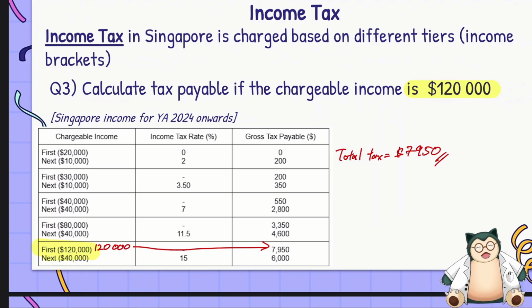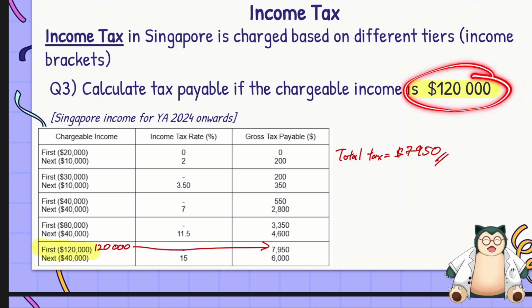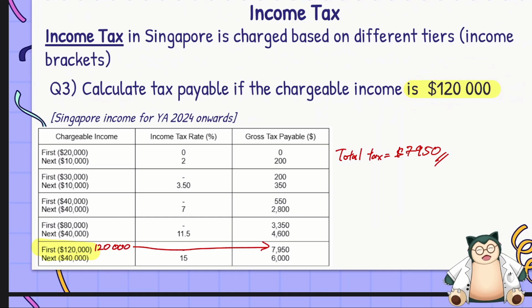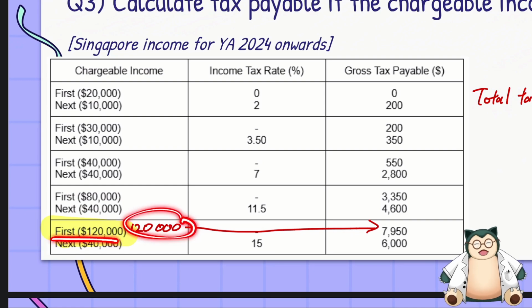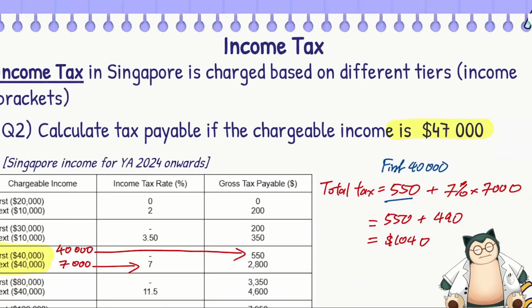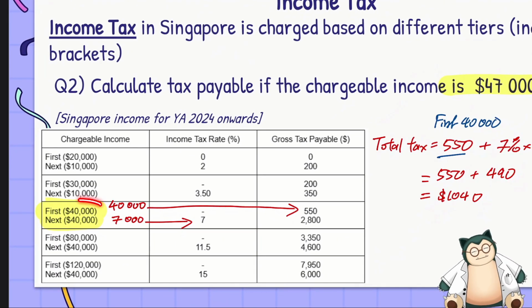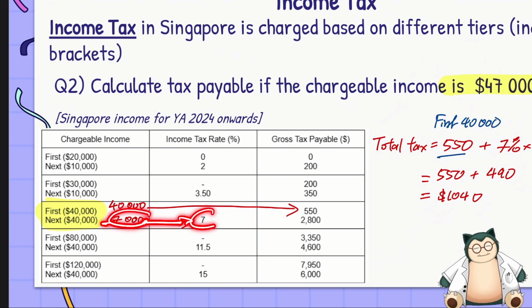So first, you look at the total amount that you earn in the year. Look at the chargeable income. You see where it falls under. All right, if it's 120,000, it falls under the first 120,000. If you earn 47,000, you look at this bracket over here, where you pay on the first 40,000 and then the subsequent 7,000 will be charged at 7%.